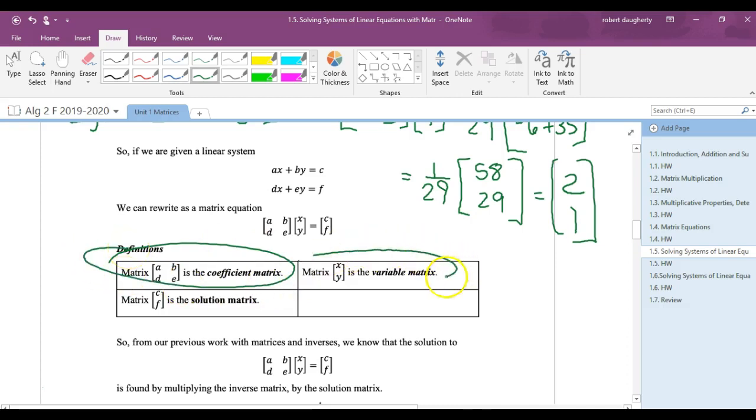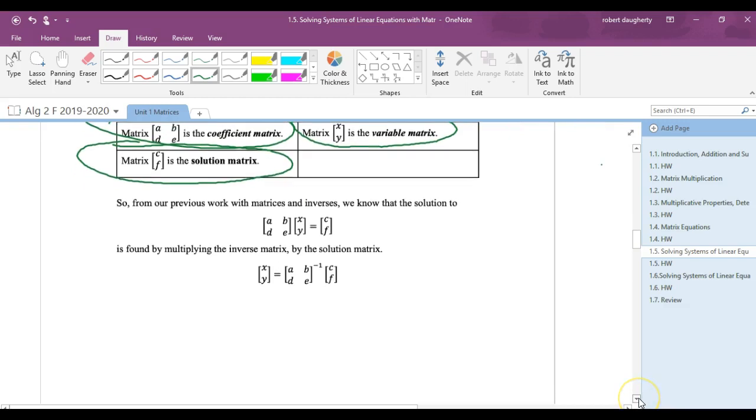X, Y is the variable matrix, and CF is the solution matrix. So you can rewrite a system of equations as a matrix equation. And then once you get it as a matrix equation, you know how to solve it by taking the inverse.